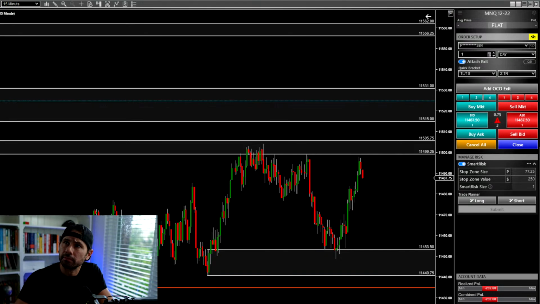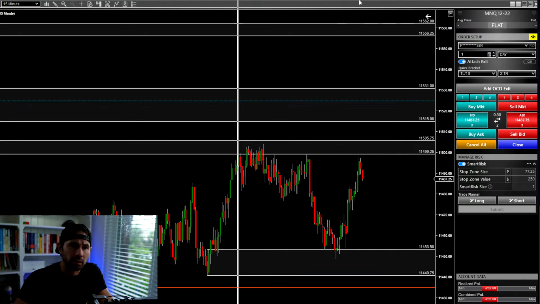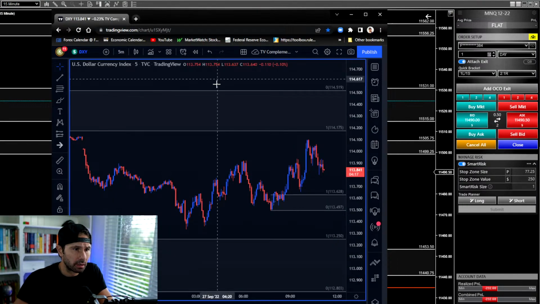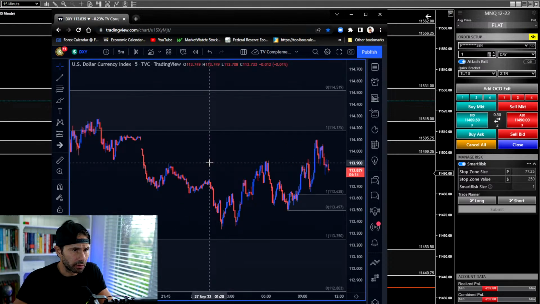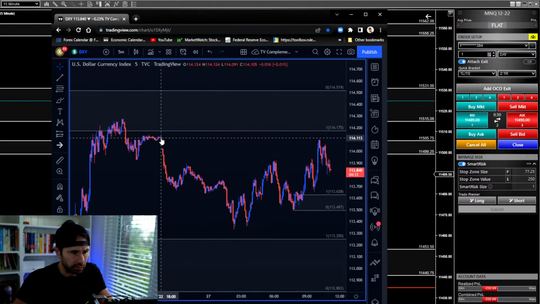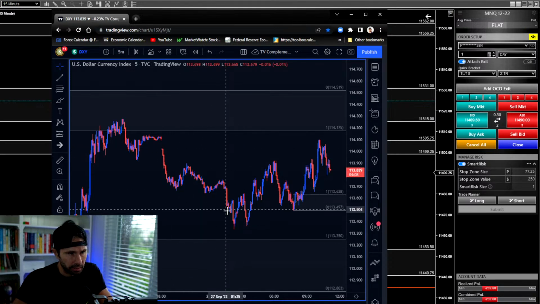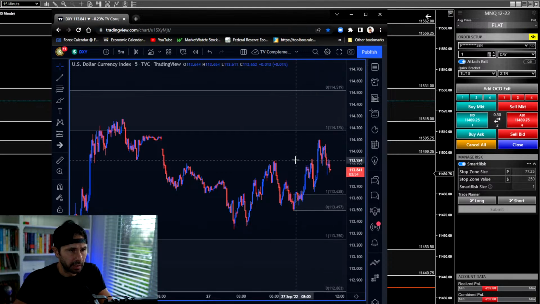Let me show the dollar chart. So this is a dollar chart, right? This is the gap. This is yesterday's close. We gapped down during the Asian session, and then this is Frankfurt and this is London. London opened right here. We dipped a little bit and then we went back up. Yes, we are in negative numbers today for the dollar.